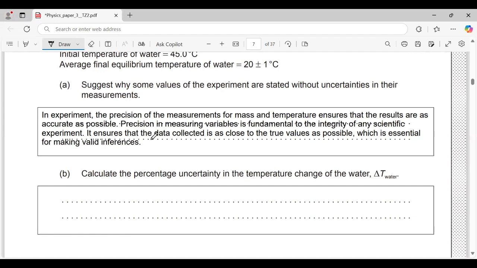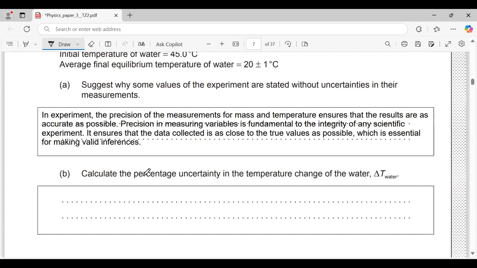It ensures that the data collected is as close to the true values as possible, which is essential for making valid inference. So you may add something or you may add your opinion into this explanation.